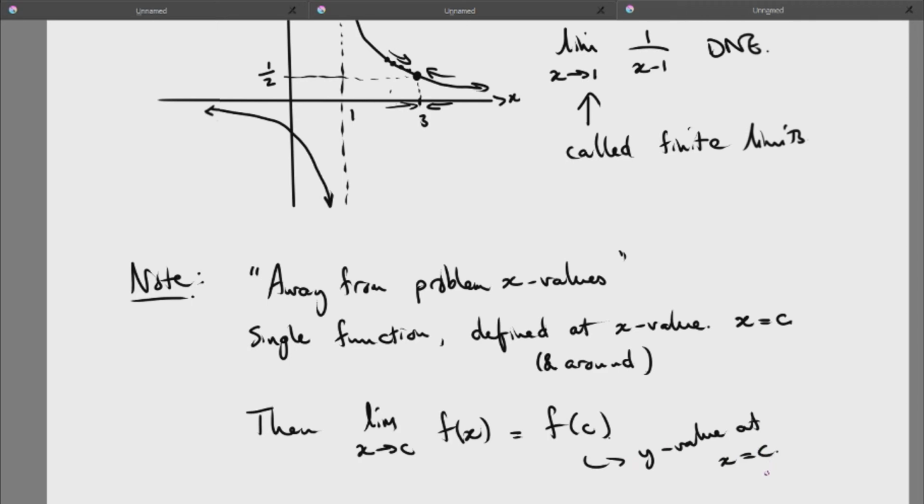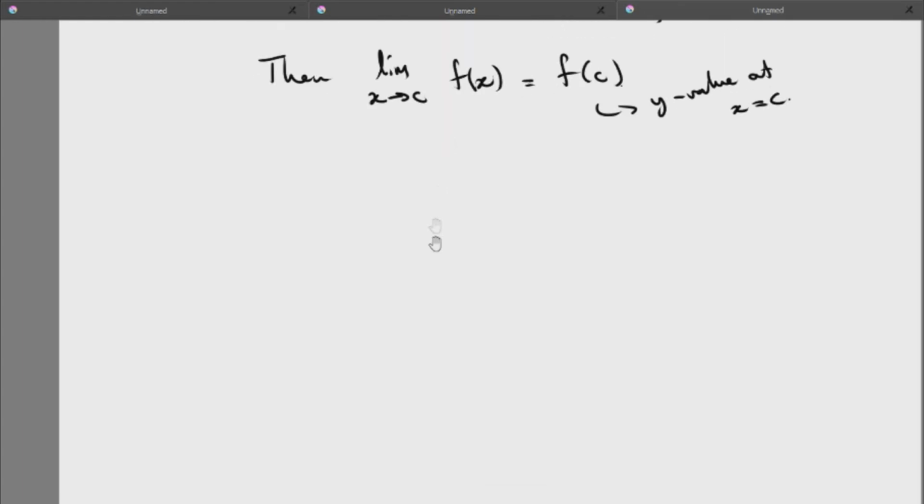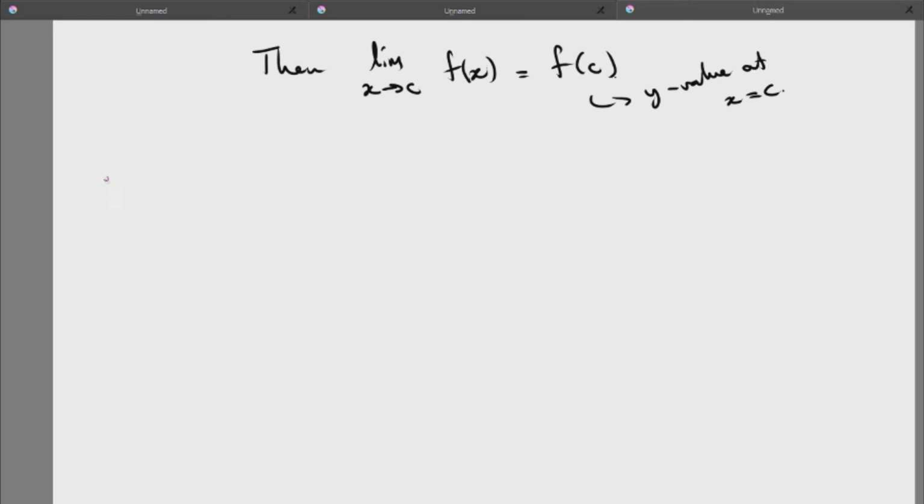So the first thing I'm going to try when I see my function being a familiar function, or a simple function but not super familiar, is to just plug in the x value and see what happens. So that will be my first thing to try.